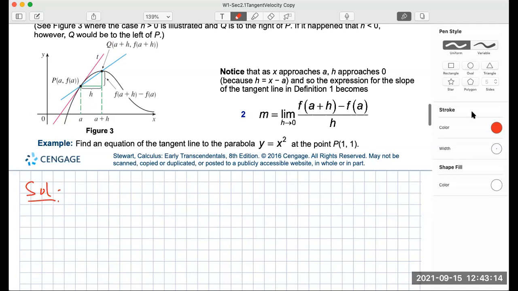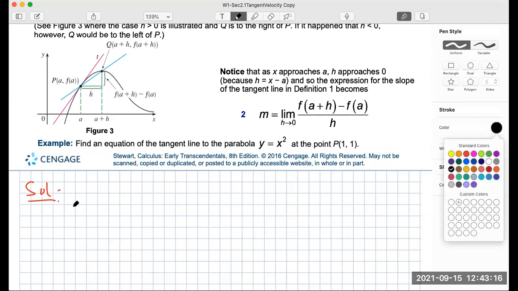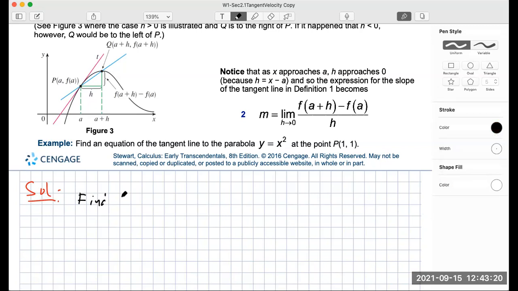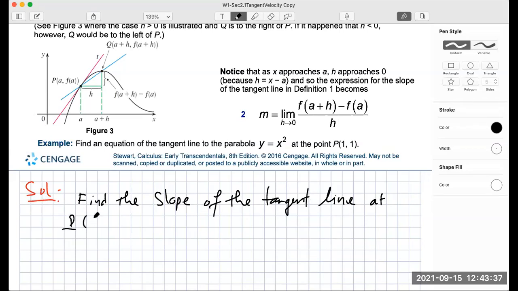Solution for this example. First of all, let us find the slope of the tangent line at the point P (1, 1).